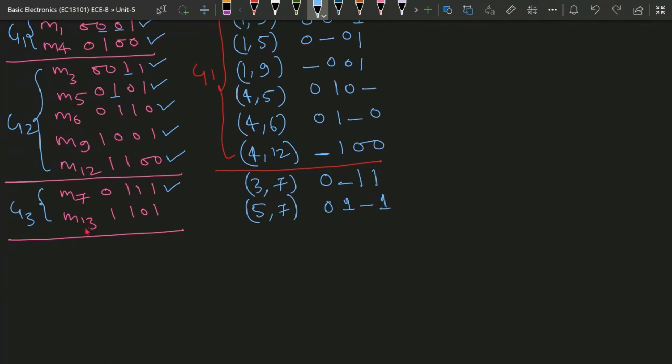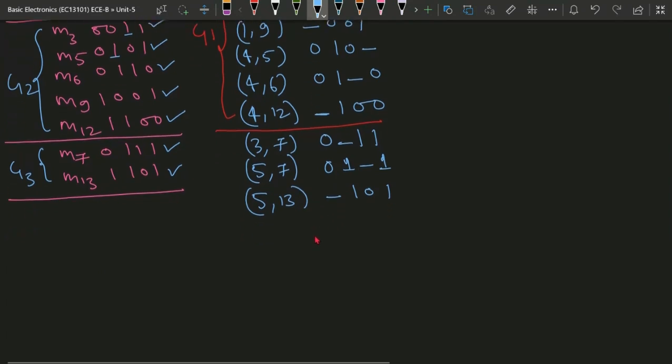Then 5 will be compared with 13, so you can just say first bit is changing, second, third, fourth are not changing, that is only one bit is changing, so 5 will be paired with 13. So the pairing will be like the first bit is changing, otherwise 1 0 1 is there.